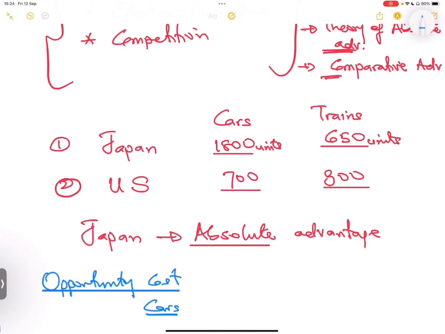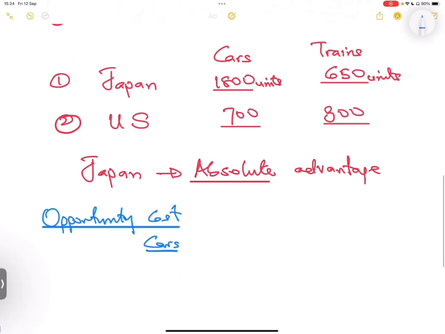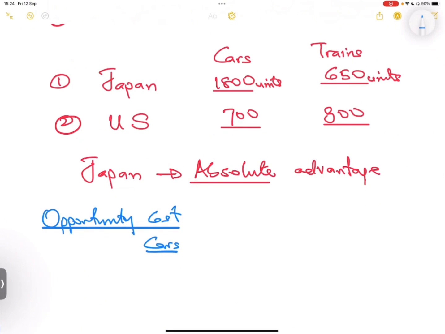If a company is able to focus on where it has a comparative advantage, it can produce for itself and at the same time produce for another country. And where it has its weakness, it can import that from another company in another country. So what you are asking yourself is, should Japan be producing both cars and trains, or should US be producing both cars and trains? Why don't you identify your strengths and your weakness? Use your strengths and get someone to cover up for your weakness.